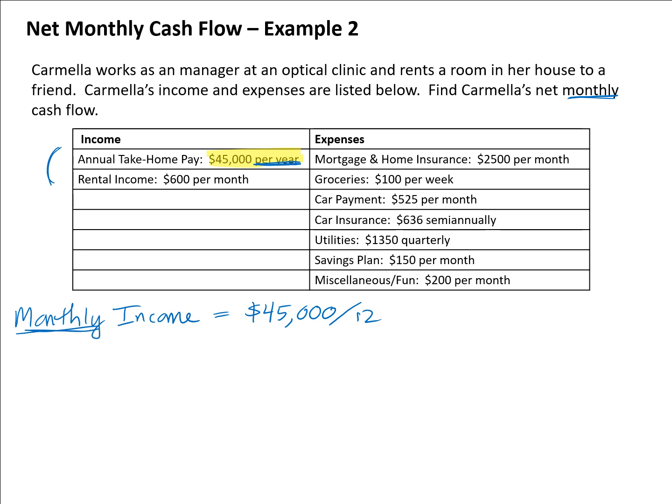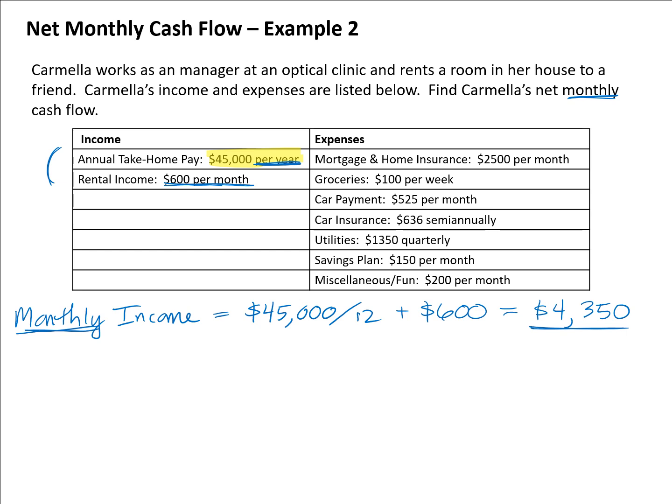She gets $600 from a friend each month, so we can add that to her monthly income. So $45,000 divided by 12 plus $600 from the rental income gives her a total monthly income of $4,350. So there's her monthly income.